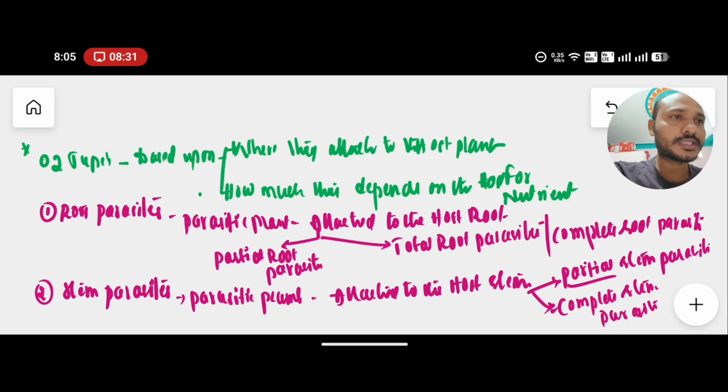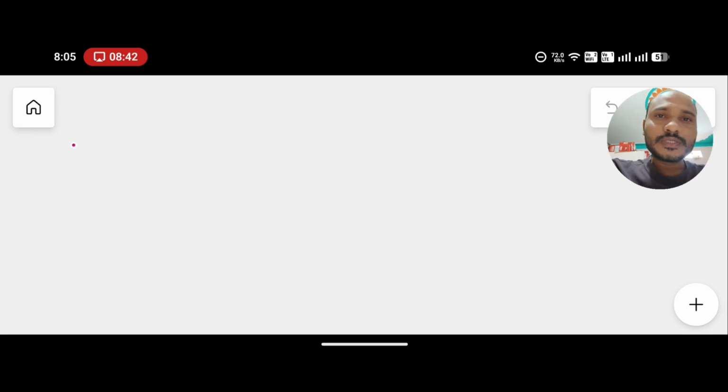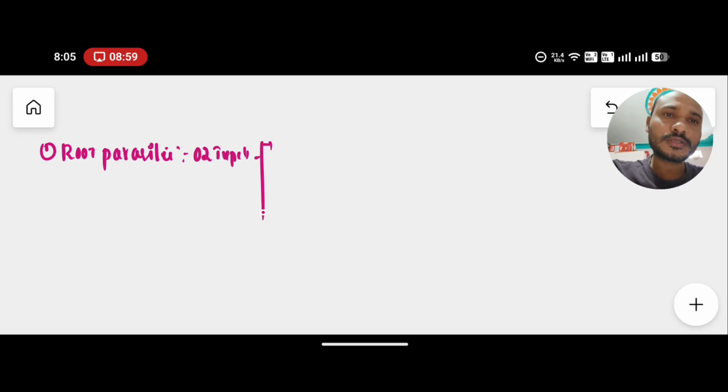Now we will discuss each type in detail with examples. First, root parasitic plants. In root parasites we have two types: first, partial root parasites, and second, total or complete root parasites.